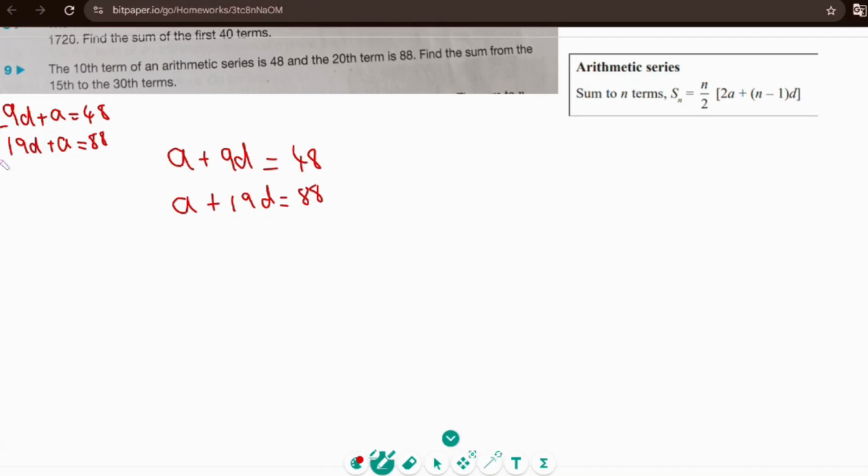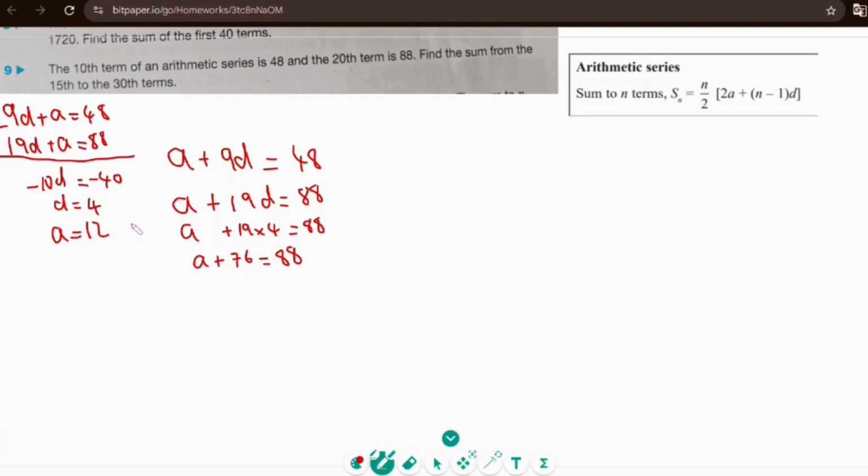Then I'm going to subtract. Divide both sides by negative 10, gives me D is 4. Substitute it into this equation. Minus 76 from both sides, give me A is 12.